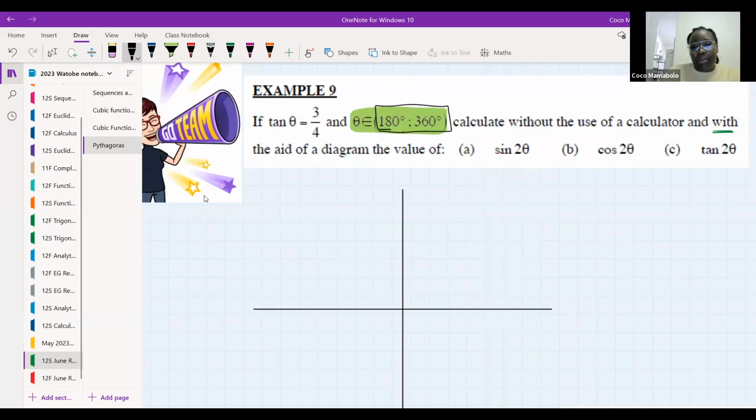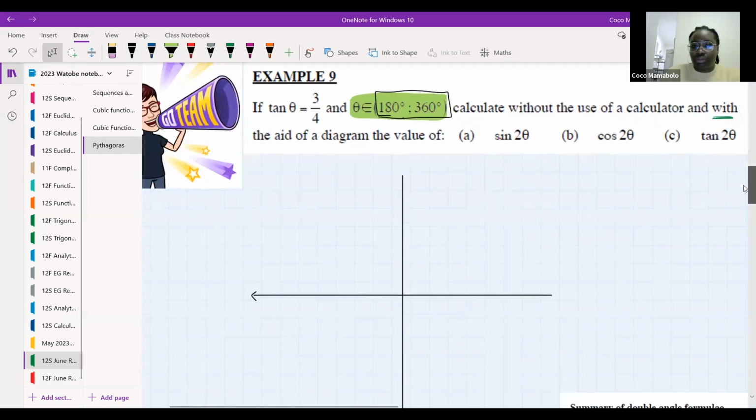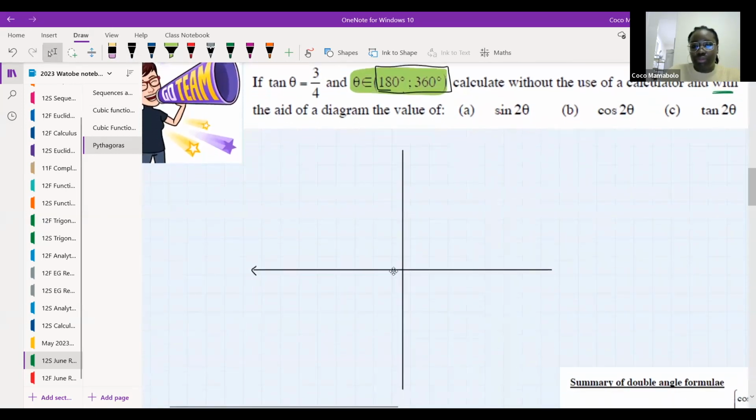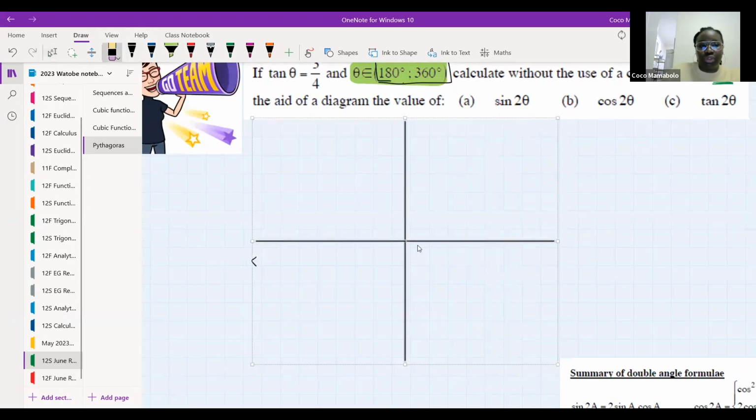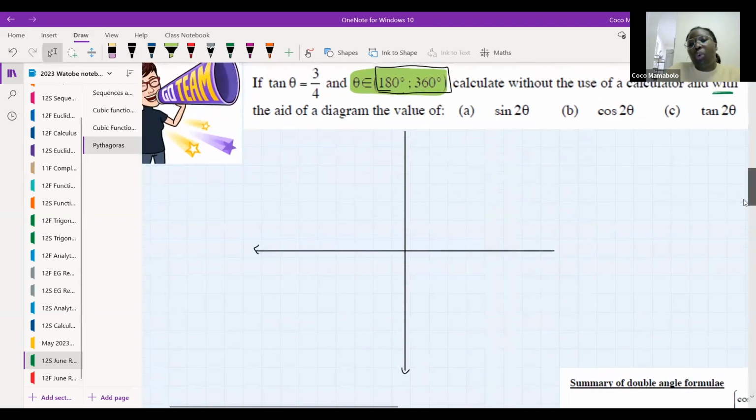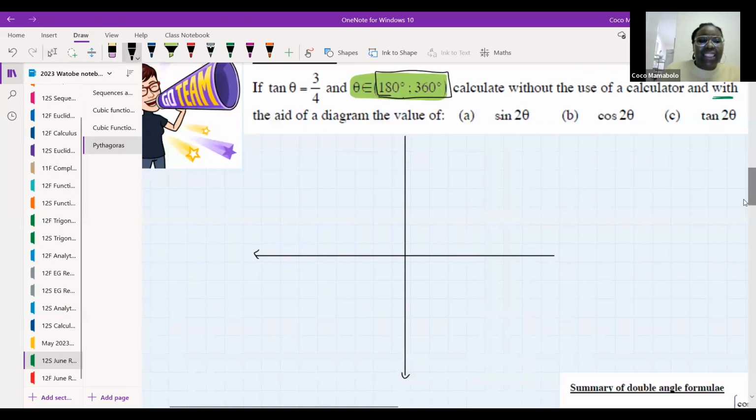What do we know about my x and y values in the third quadrant? Good, that's it. They're both negative. But we know that if we divide them one over the other, we're going to get a positive result. So what they've actually given us isn't tan of theta is equal to 3/4.